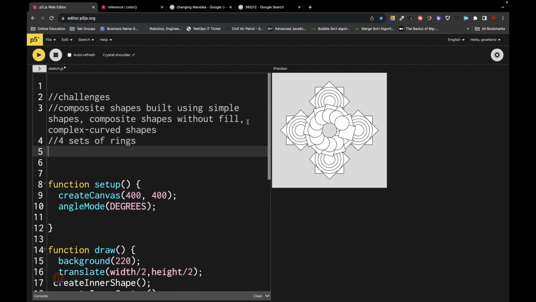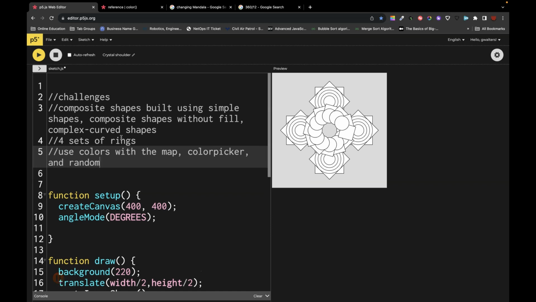Now every one of these is going to end up having colors. This should be very bright and vibrant. You guys are going to use colors with the map function. Map, color picker, and random to color the fill and the stroke.